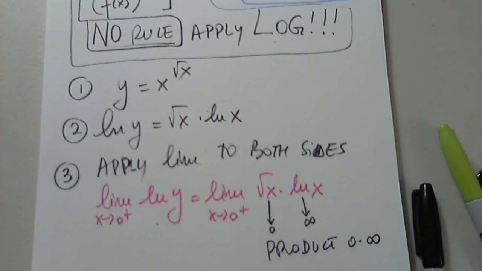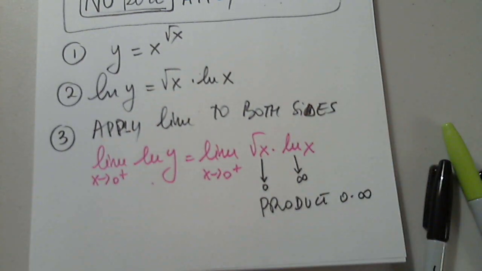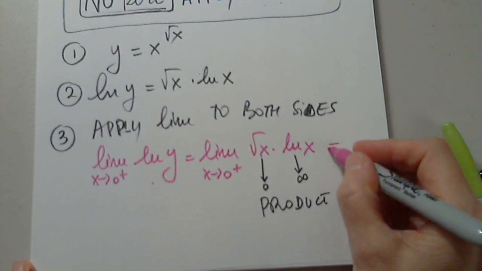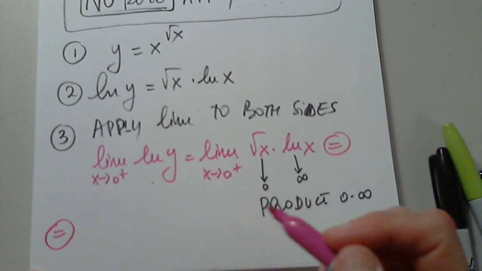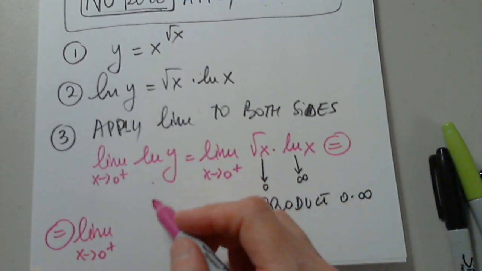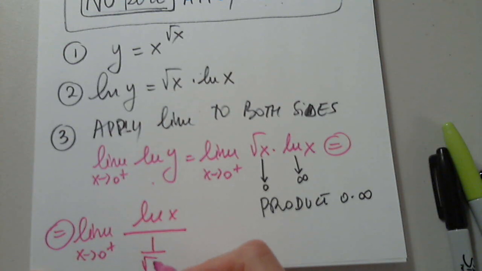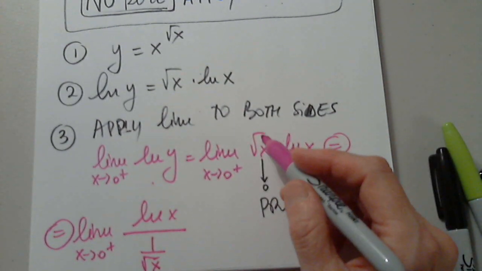So how will you play with the function? Not with natural log. Never touch natural log. So I have the limit as x approaches 0 from the right from natural log x over 1 over the square root of x. Exactly how we did it with x squared.